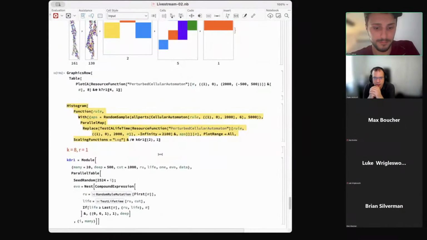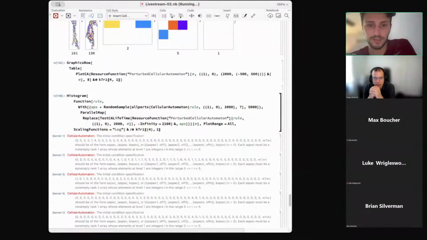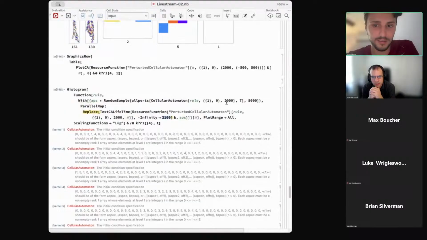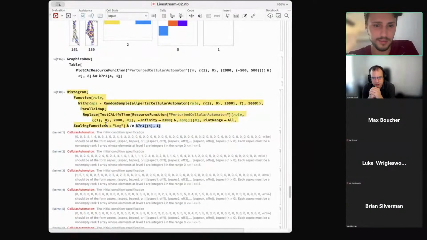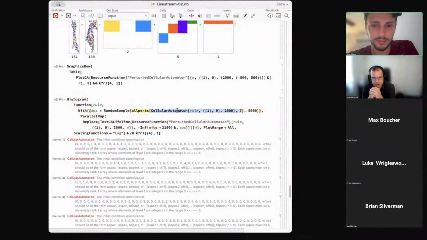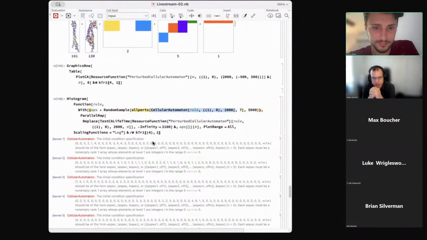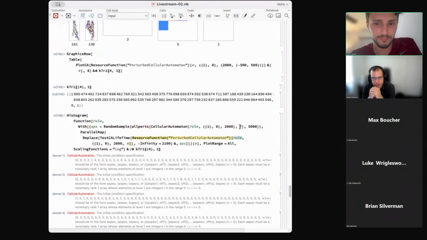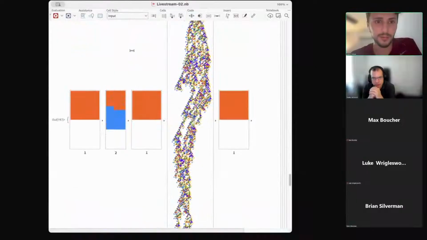Histogram. This is V7. No. Huh. What happened? Oh, were these k equals 6?